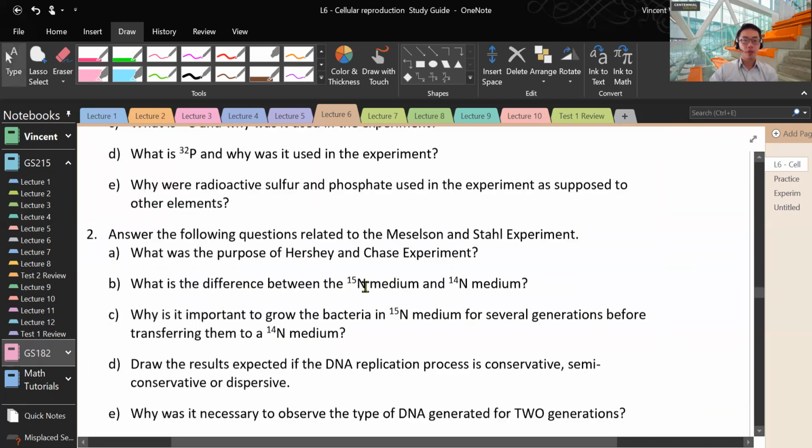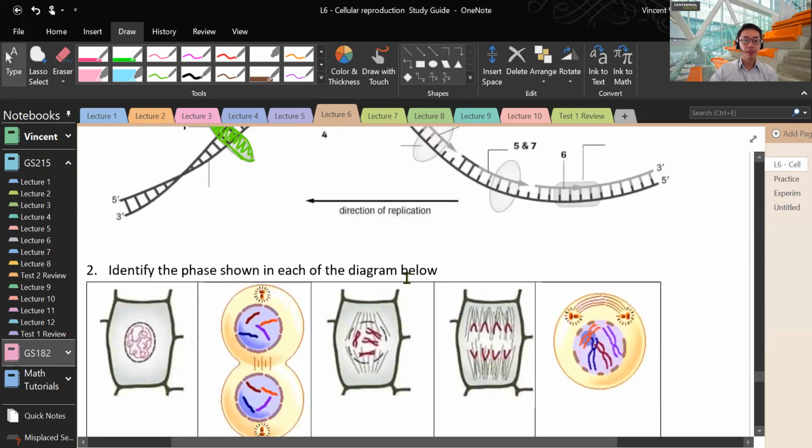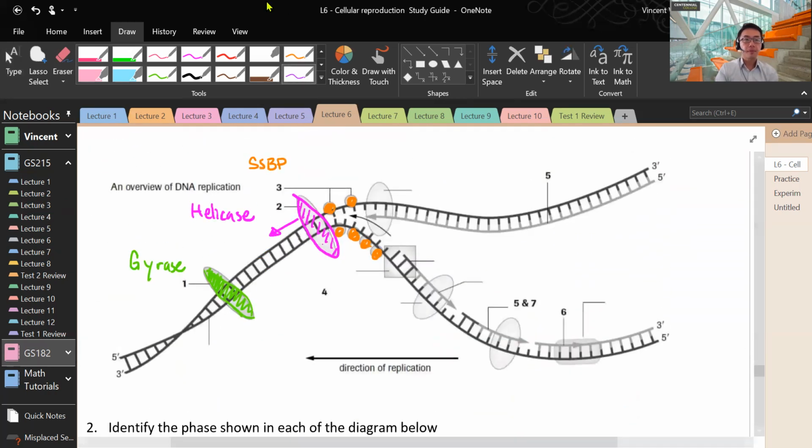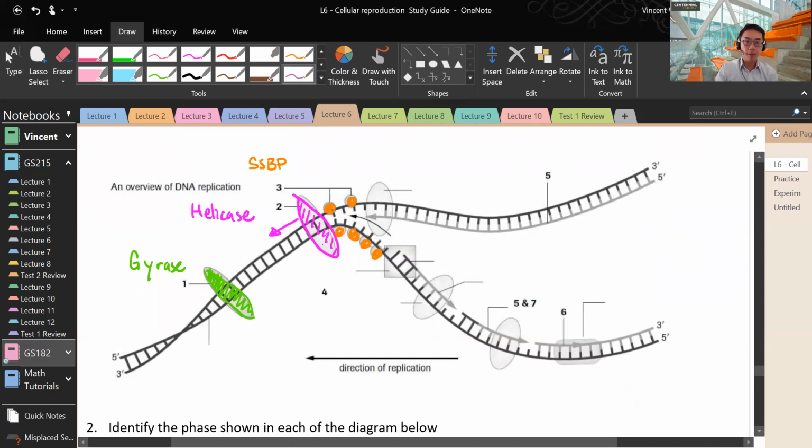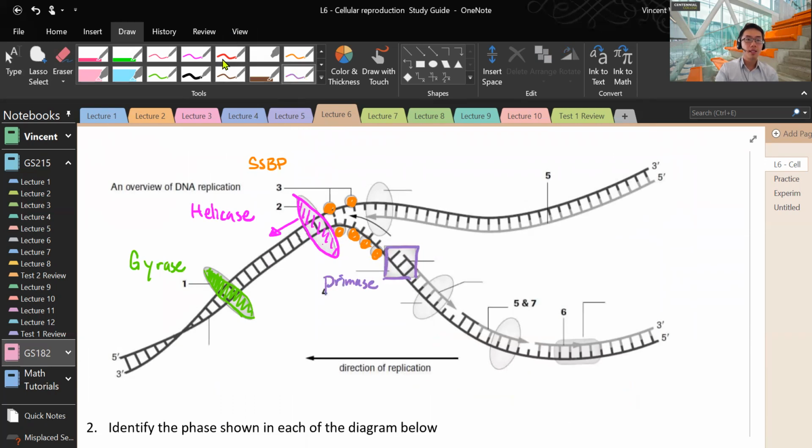Okay, let's go back to the diagram here. I think that this is probably the primase. Okay, it's kind of hard to tell, but believe me when I tell you, this is the primase. Okay, so what is the primase going to do?